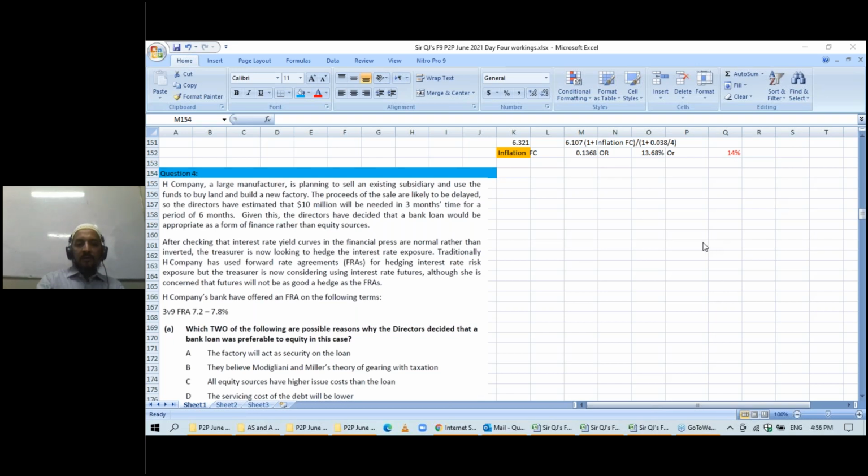If two spot rates are given, one will be the current rate and one will be the future rate. So the spot rate to be used on the right hand side is the current spot rate, and the one to be used on the left hand side is the future spot rate or the forward rate, right?